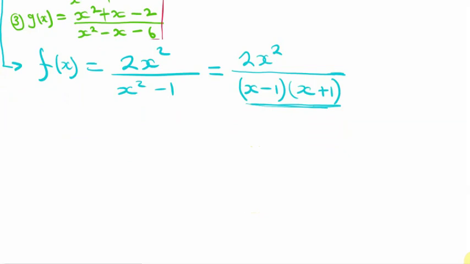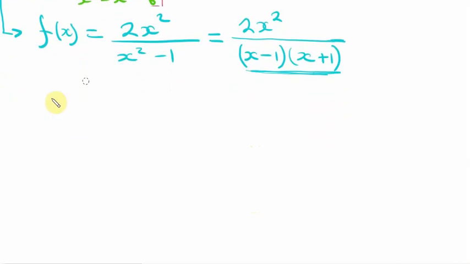Before plotting, we need the vertical asymptotes. And factoring it out like that definitely helps us big time to get the location of the vertical asymptotes. So for vertical asymptotes, we equate the denominator to 0 and we get the zeros. The location of the zeros tells us the location of the vertical asymptotes. Alright, x minus 1 multiplied by x plus 1, equate it to 0.